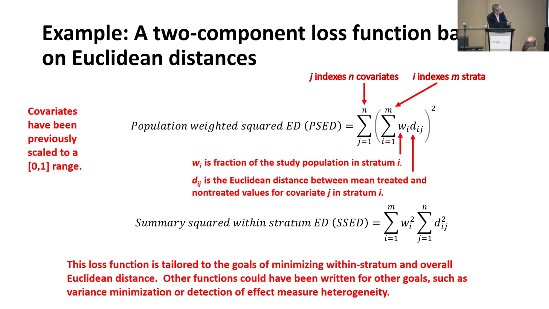So this is a standardized difference, and this is the corresponding Euclidean distance, and then we have a squared within-stratum distance where we take each of the covariate distances and then apply a weight to them. This particular loss function was tailored to the goals of minimizing within-stratum and overall Euclidean distance, but it's just an example.